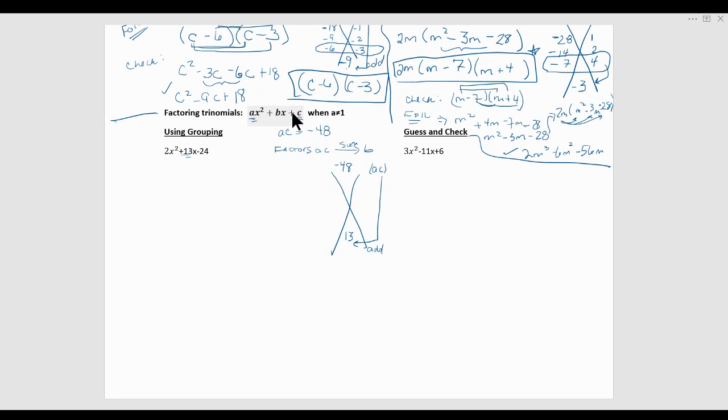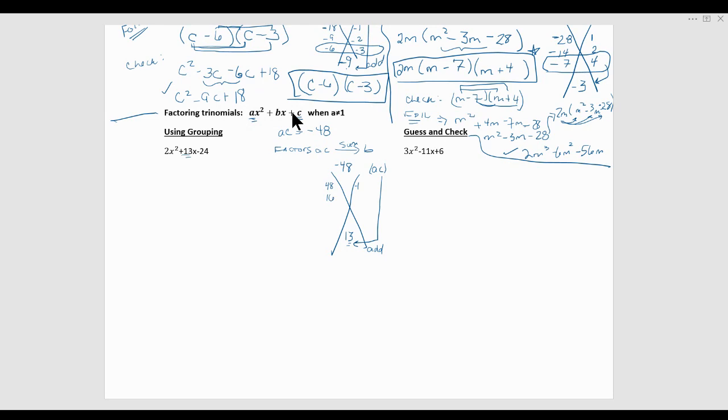So again, I know I have a negative here, so I'm going to have a negative times a positive in order to get a negative, but the sum of them has to be a positive number. So I'm going to make my larger factor the positive number. So if I do 48 times a negative 1, that does not add up to give me a 13.